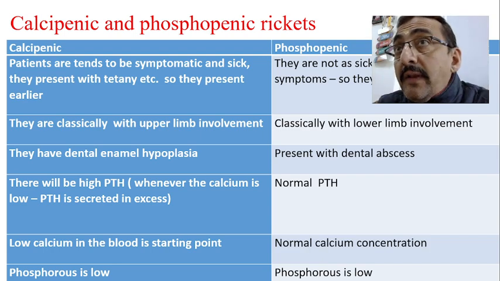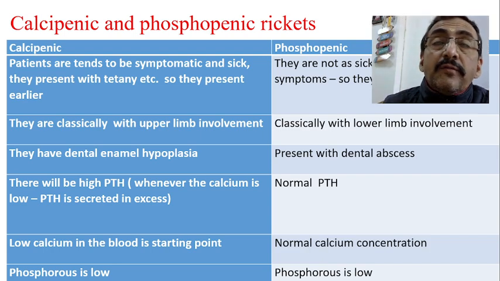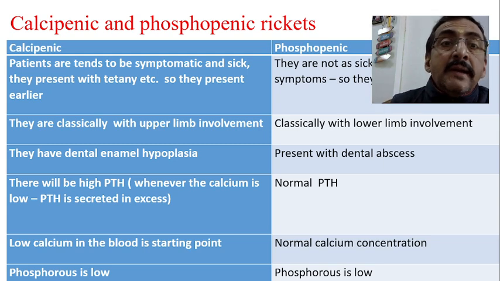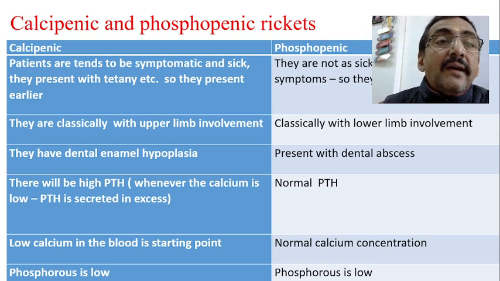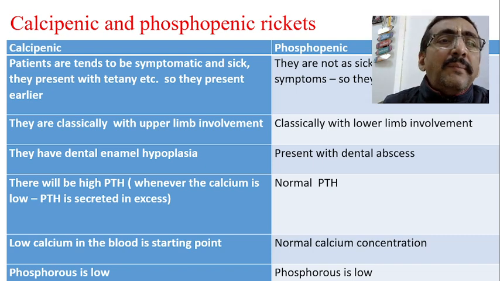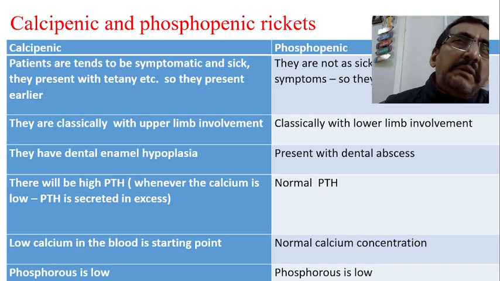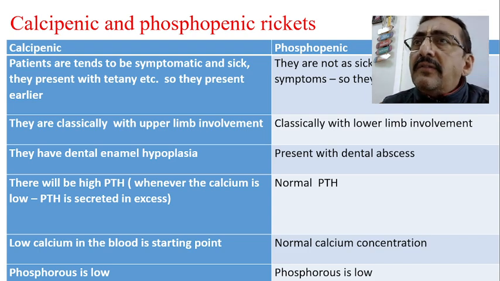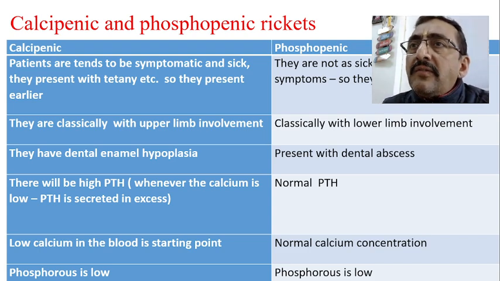Whereas in phosphopenic rickets, where phosphorus is the cause of the rickets, they are not as sick as in calcium deficiency, and they will be there without many symptoms, and they will present to you at a later age. Even after 20 years they present to you because nothing is done. Then only they will come to you.